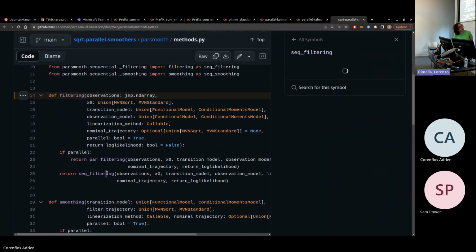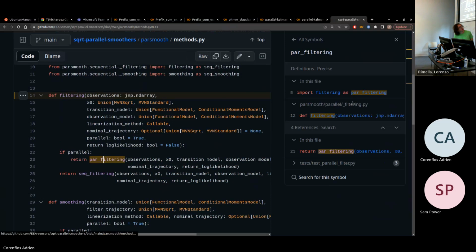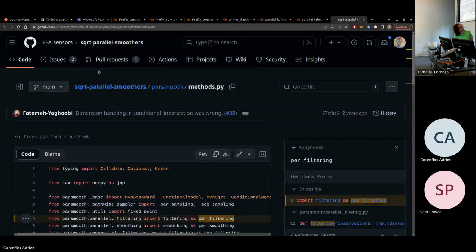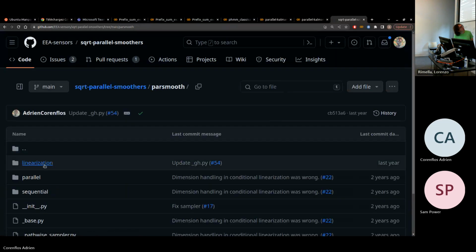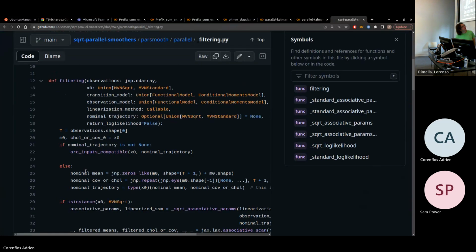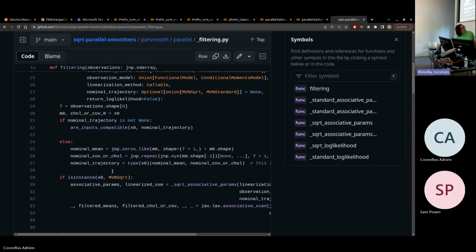That's filtering parallel, for instance. Okay, let's go there. So what you end up doing is you just take your nominal trajectory, in that case just our mean, right?